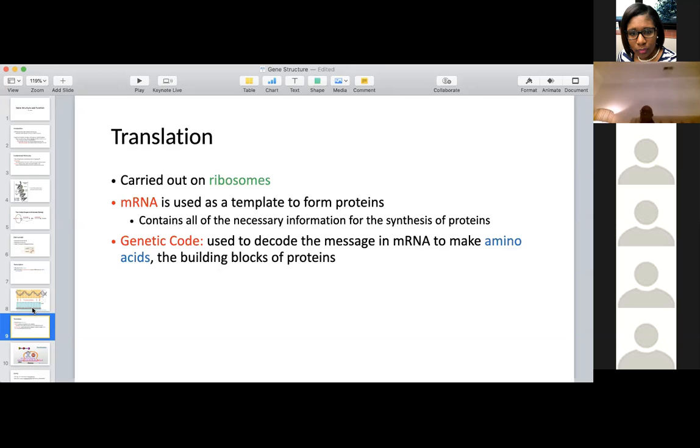That is the site of translation. Write that down. The second step in protein production is translation. It takes place on ribosomes. Ribosomes are found free flowing out in the cytoplasm, and we can also find ribosomes associated with the rough endoplasmic reticulum.